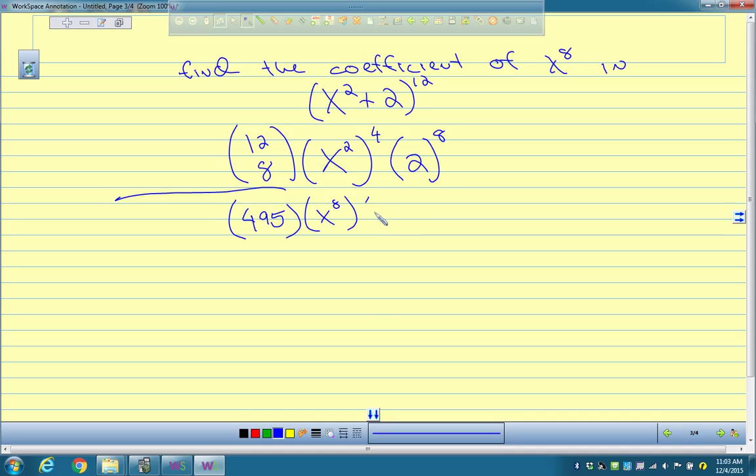What is it? 256. Sorry. Okay? And then if I multiply 256 times 495, I get this evil looking number, 126,720. x to the 8th would be the coefficient of that. Okay?